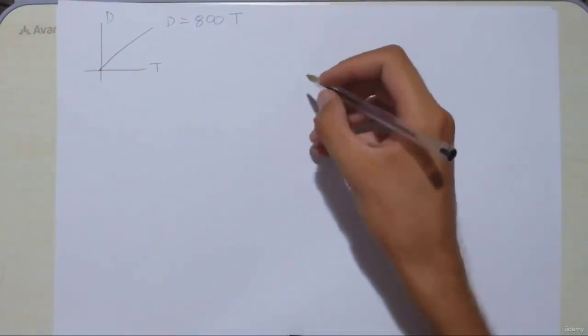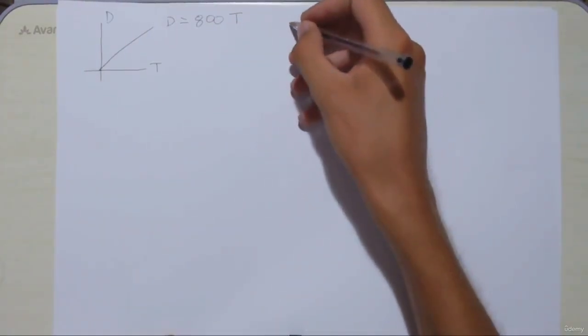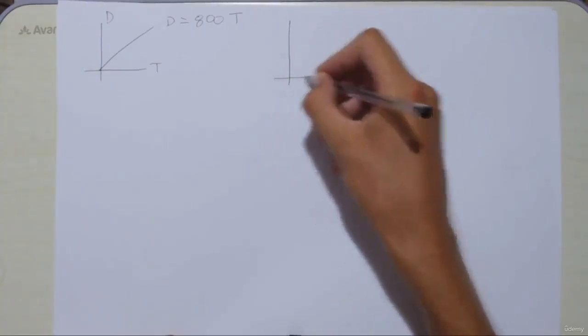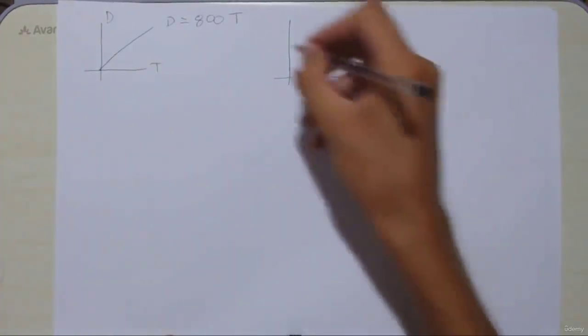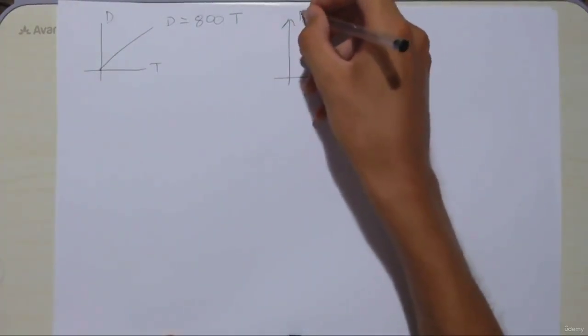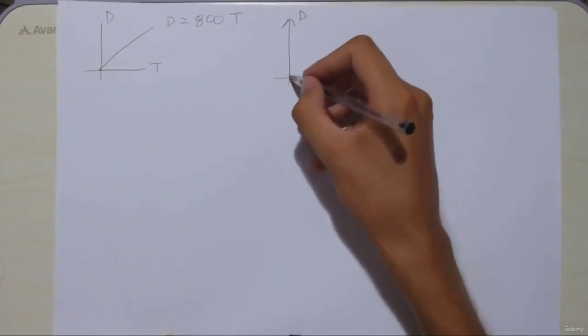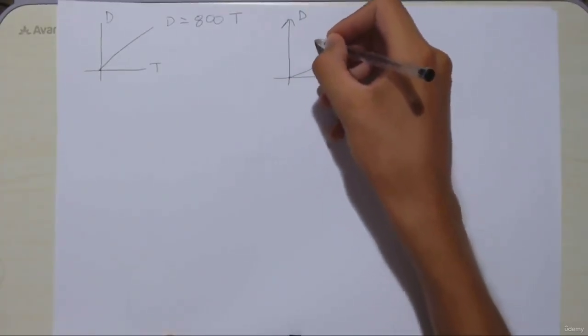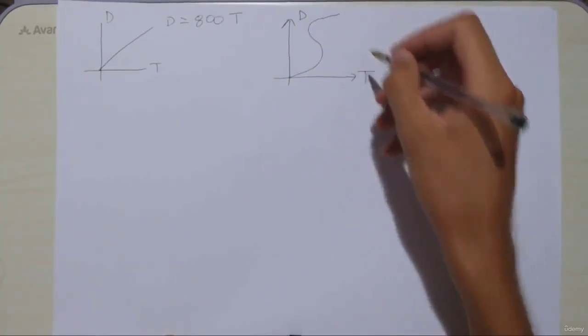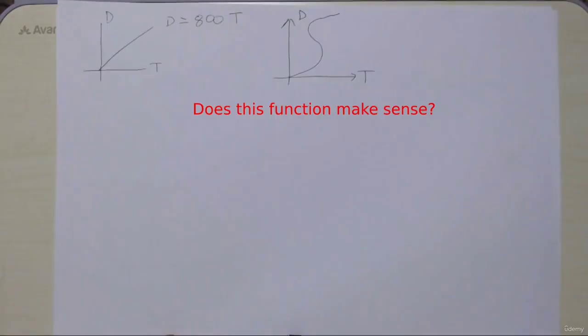But let me ask you a question now. What if I have a function like this? So I have time here and I have distance here, and my graph is something like this. Does this function make sense?